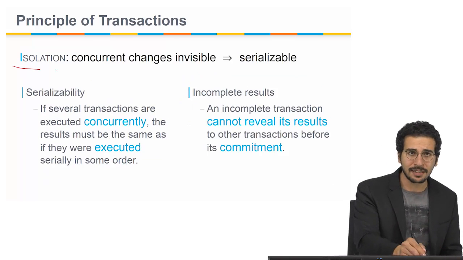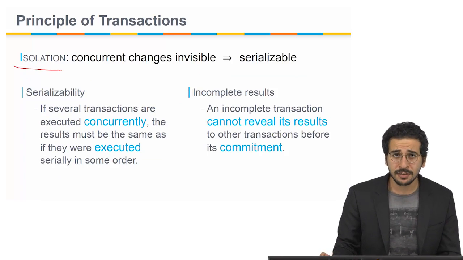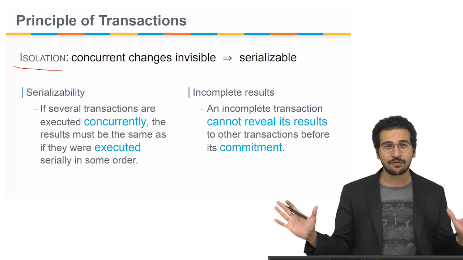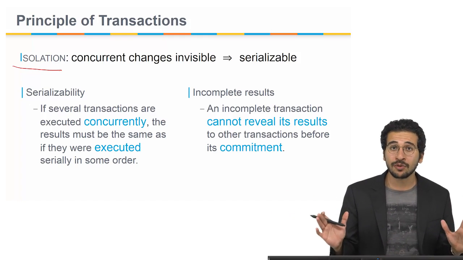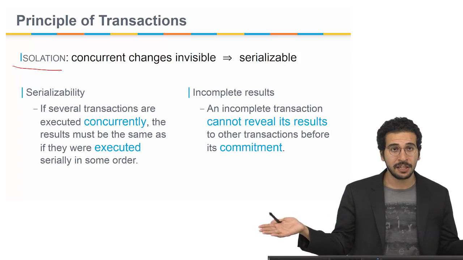Then we have isolation. Isolation means that each transaction needs to run as if there's no other transaction running in the database system, even though there might actually be other transactions running concurrently.